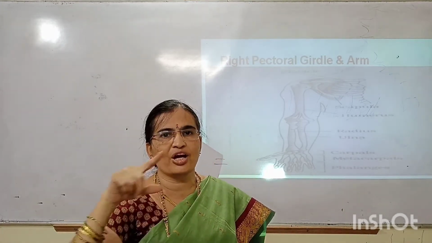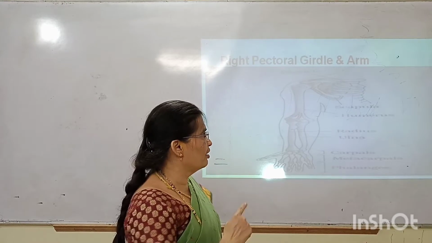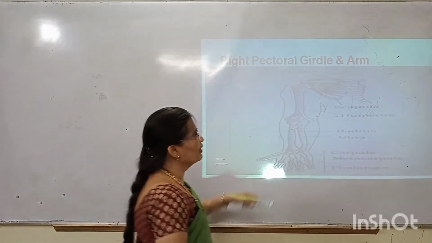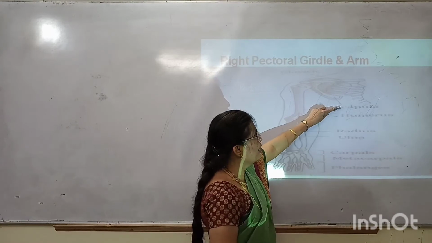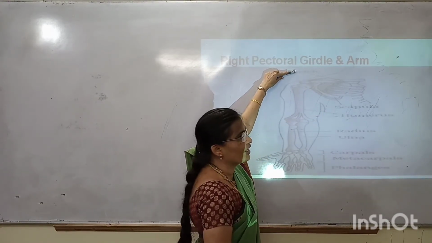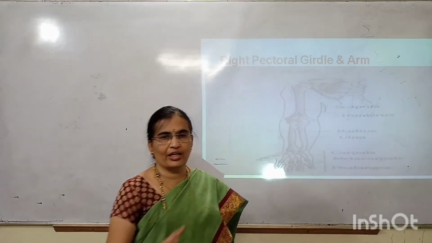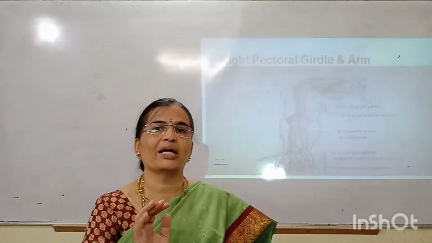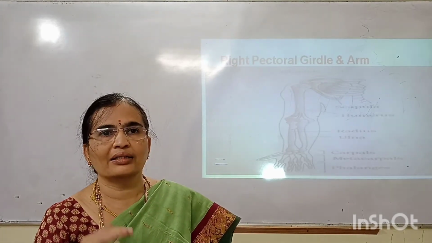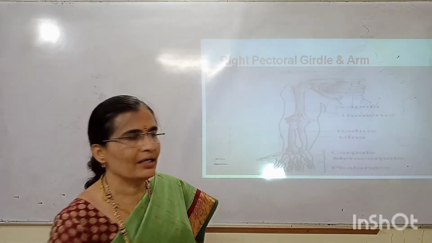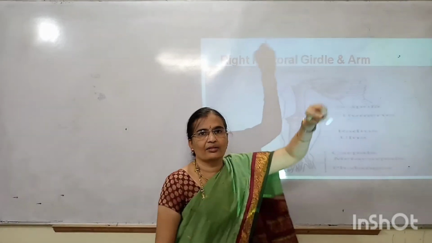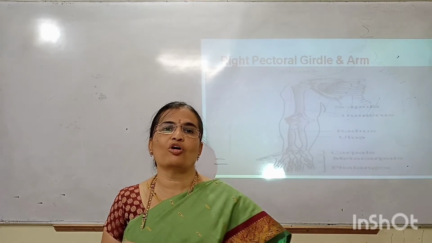It is a triangular shaped bone, and the scapula provides attachment for the clavicle. The scapula forms a ridge, and that is providing the space for attachment of the clavicle. That region is called the acromion.